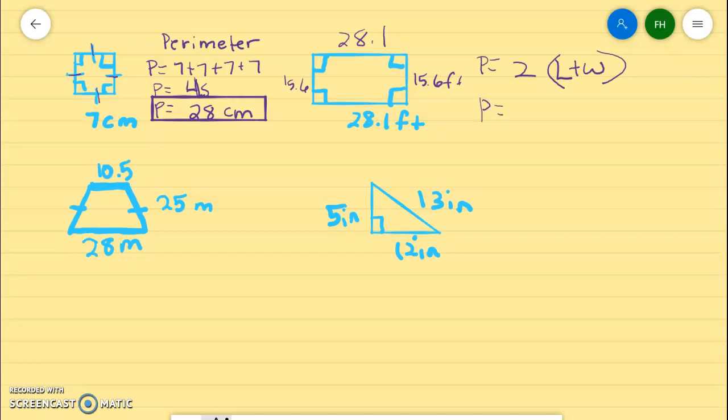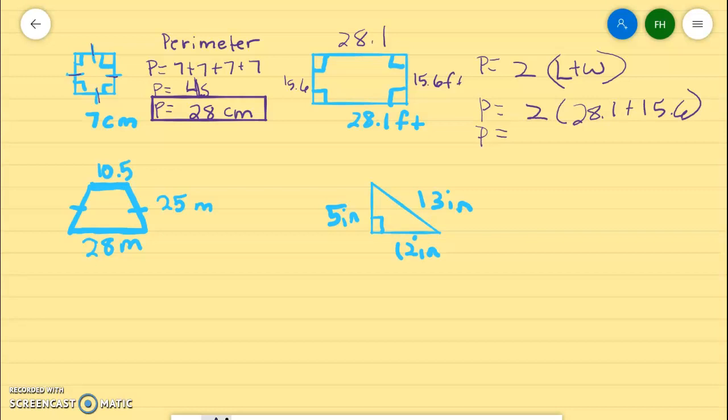So you could do it that way and say 28.1 plus 15.6 and double it. What's still going to happen? I'm still going to have 2 28.1s and 2 15.6s. So I still have all 4 numbers there.